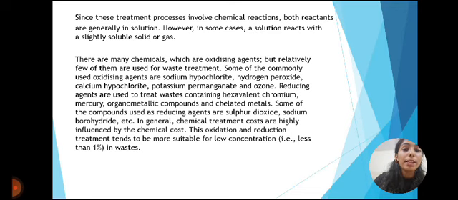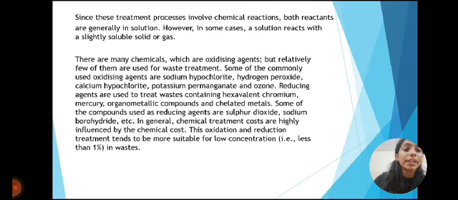Some of the commonly used oxidizing agents are sodium hypochlorite, sodium peroxide, calcium hypochlorite, potassium permanganate, and ozone. Reducing agents are used in the treatment of waste containing hexavalent chromium, mercury, organometallic compounds, and chelated metals. Some of the compounds used as reducing agents are sulfur dioxide, sodium bicarbonate, etc.